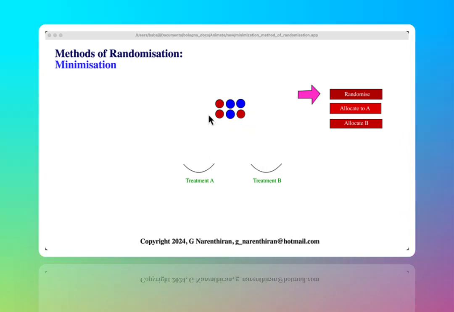However, the patients have risk factors that give different risk for the disease.